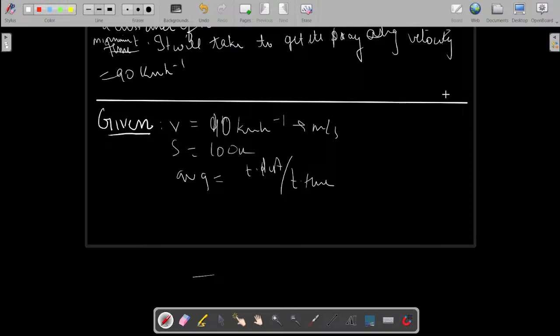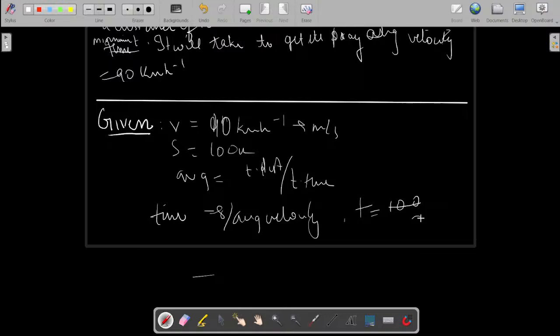Time is equal to 100 by 90 into 5 by 18. 90 into 5 by 18 is equal to 450 by 18, which is 25 meter second raised to negative 1.